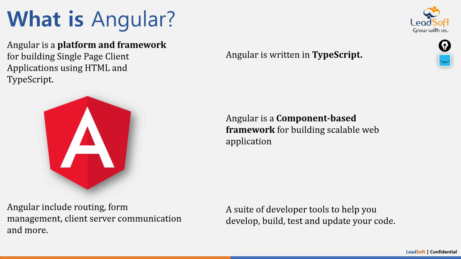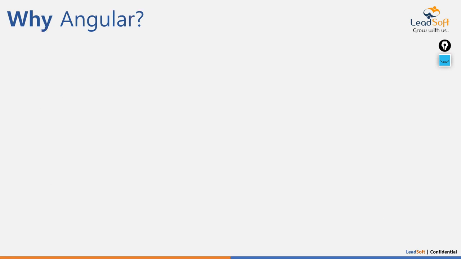Now the best and very important thing that we should understand is why Angular is used nowadays. When it comes to Angular, as I said, it is used for rapid development and for scalable applications, which put dynamic data on our website.